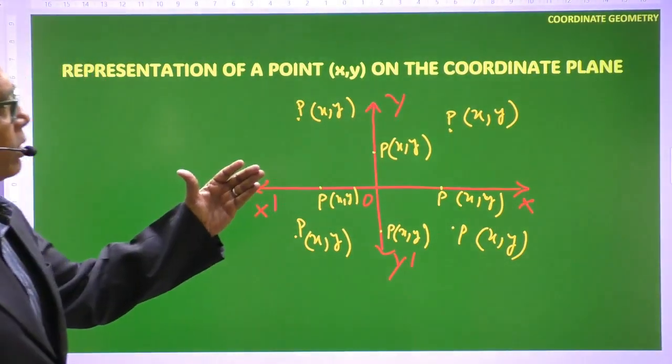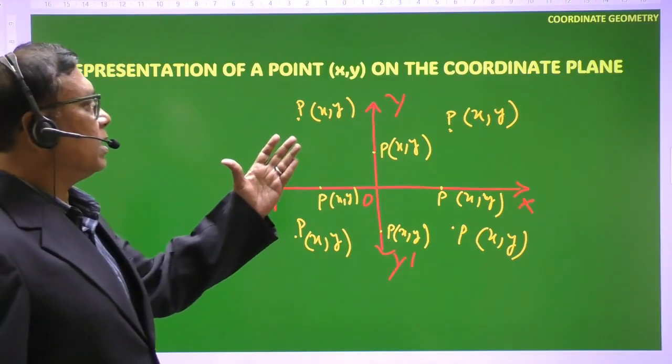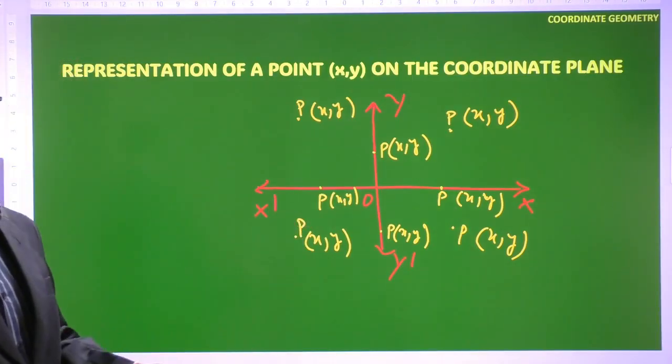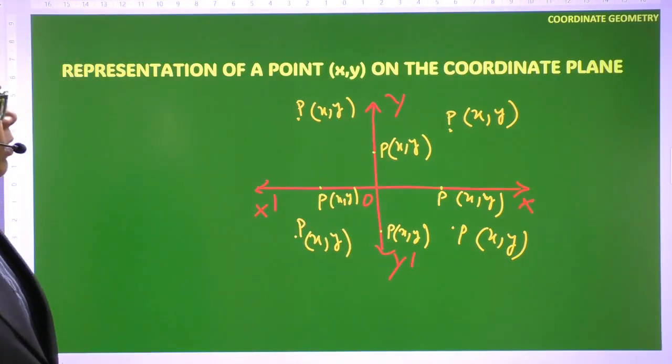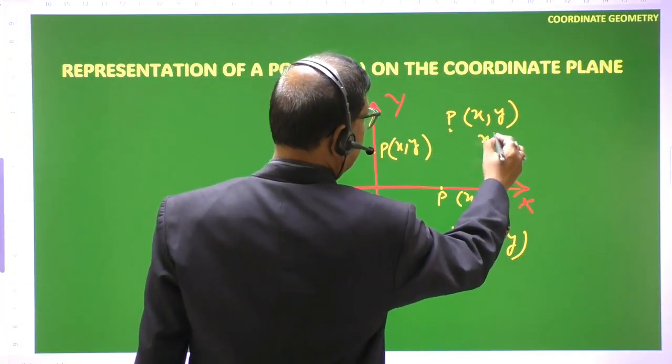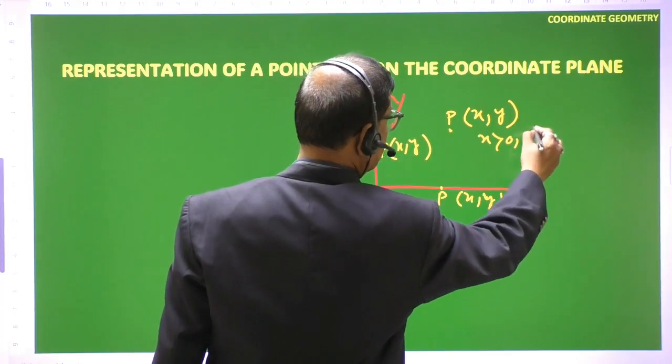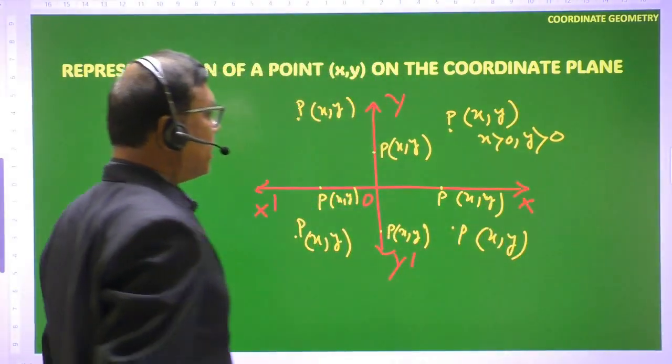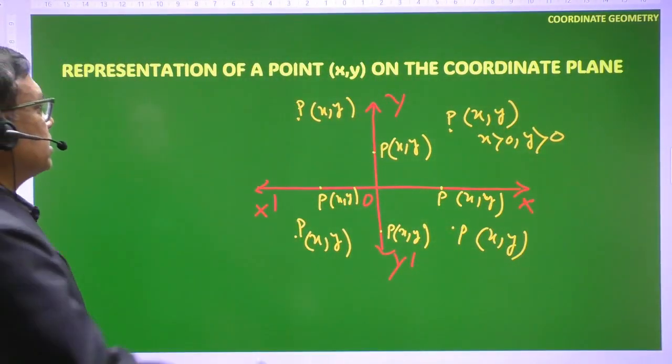But what will be the sign of x and y, or what can be the value of x and y in different positions? Say here x greater than 0, y greater than 0, because point P is here in the first quadrant.